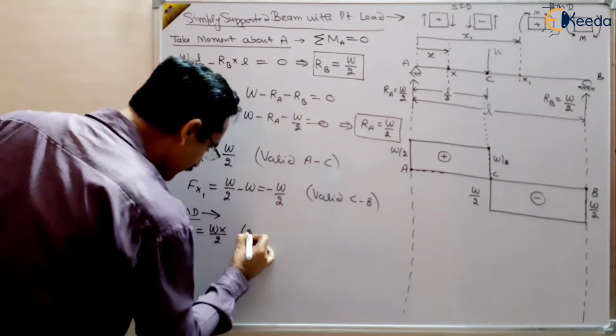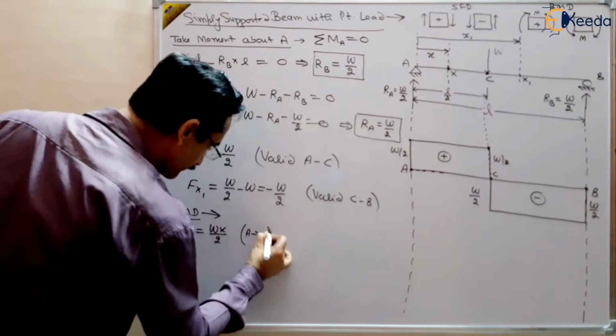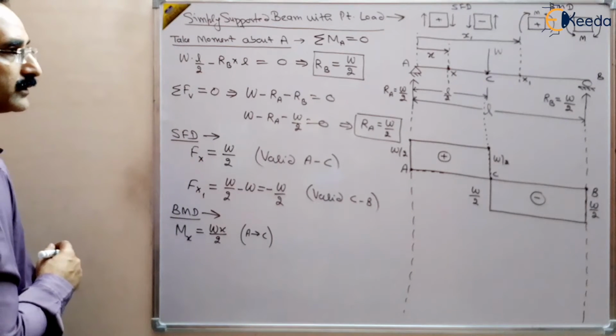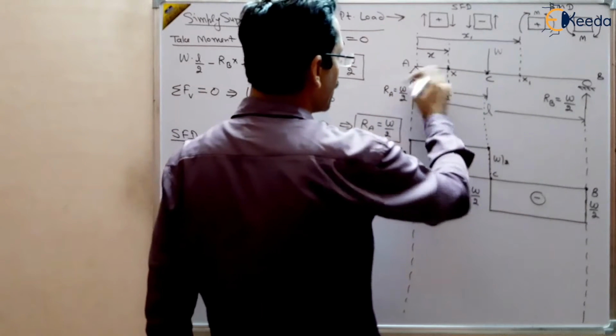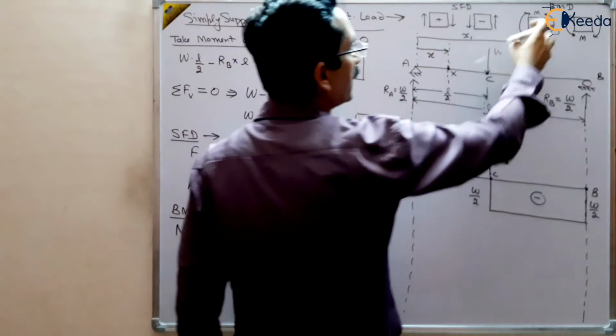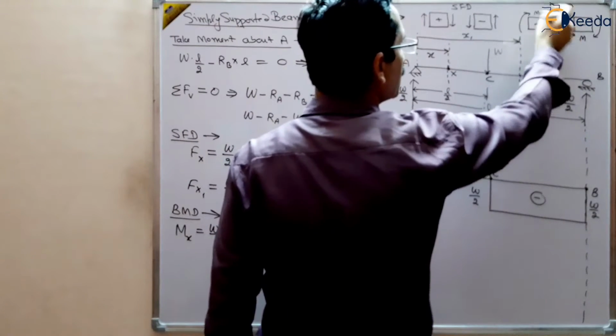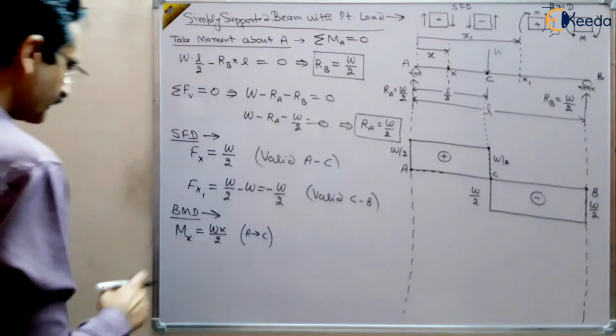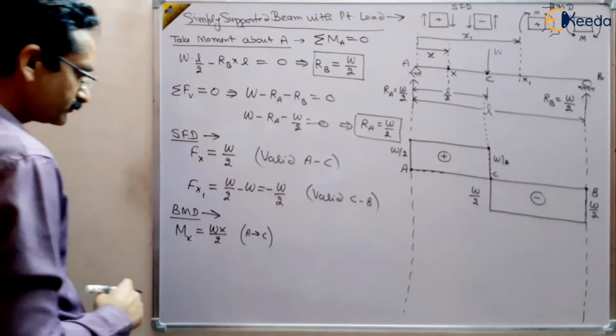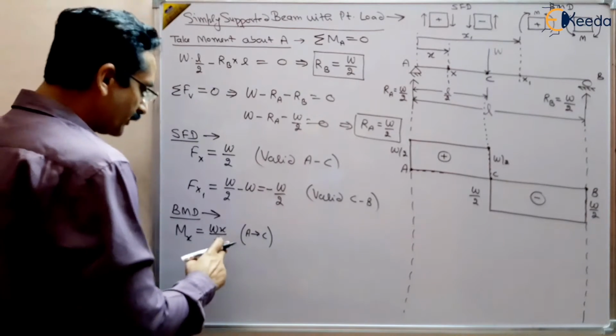So this is valid for A to C, and whether it is negative or positive, this is leftward, upward, clockwise. So leftward, clockwise is positive. So this is sagging bending moment, right? So this is positive. And what is the value at A?